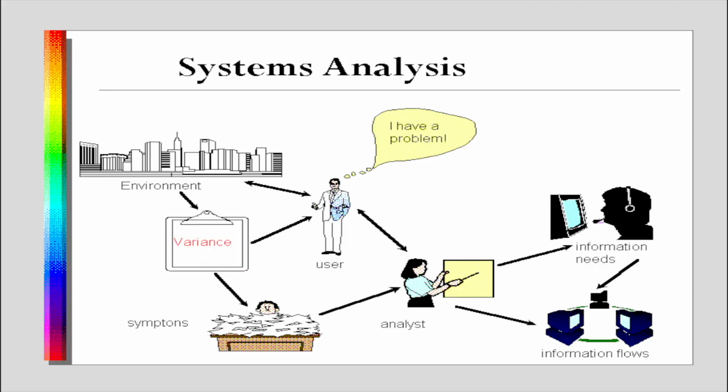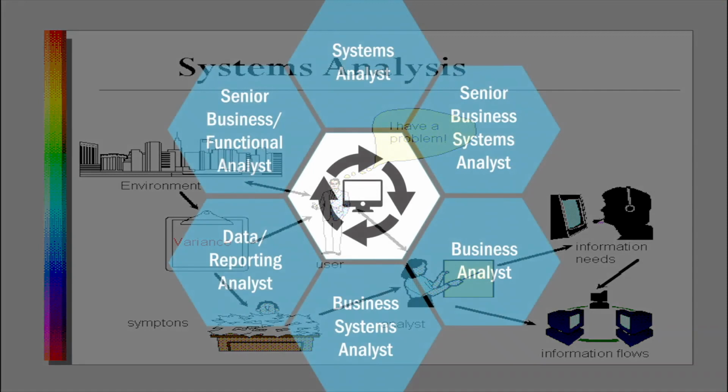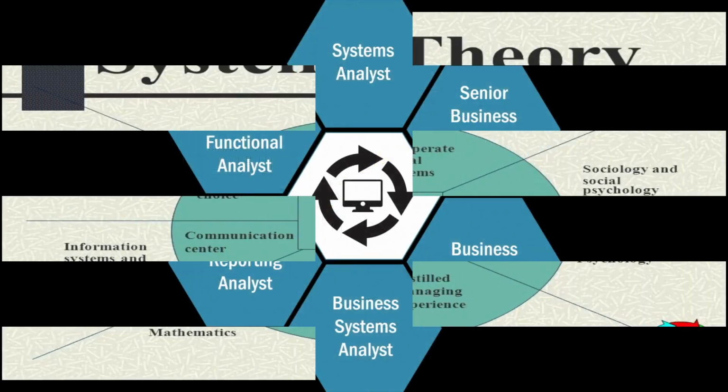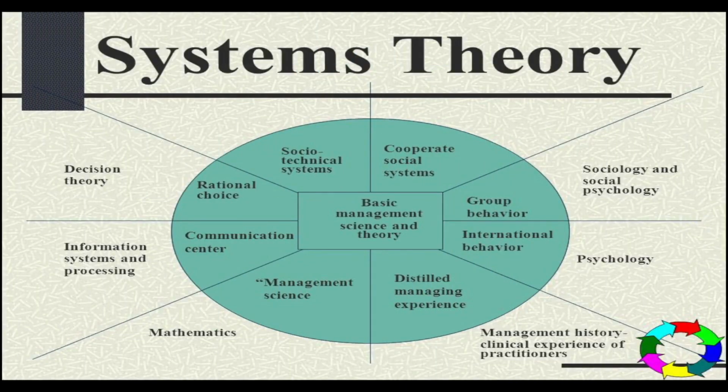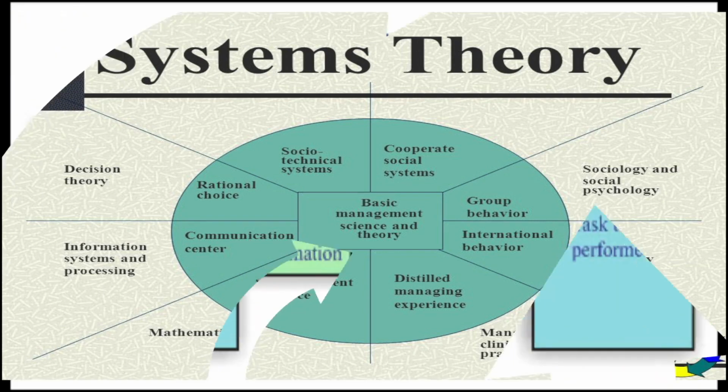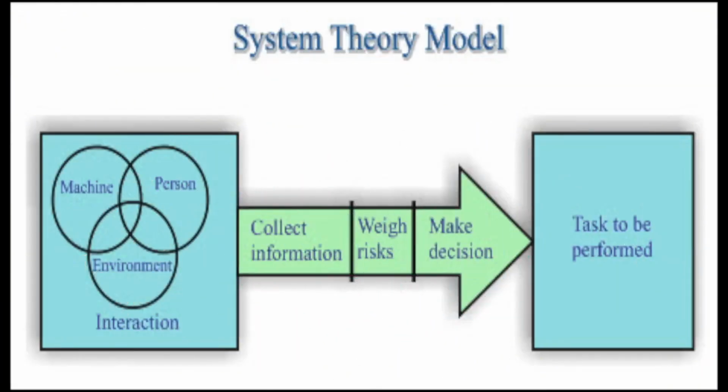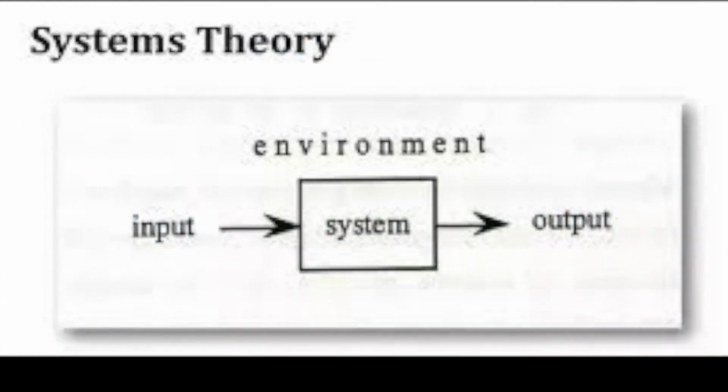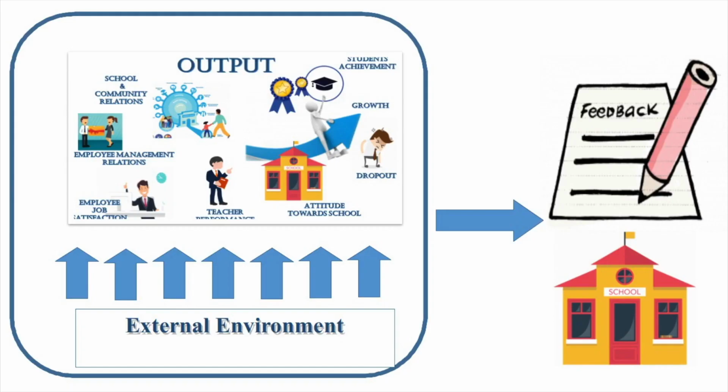The utilization of systems analysis in understanding an organization or an institution is anchored on the systems theory. This theory holds that an organization is a system. It is a way of viewing an organization as a whole unit, taking into consideration the interrelationships among its parts and its relationship with the external environment.